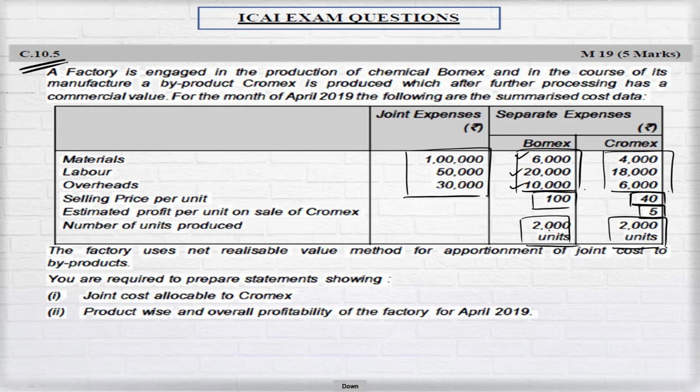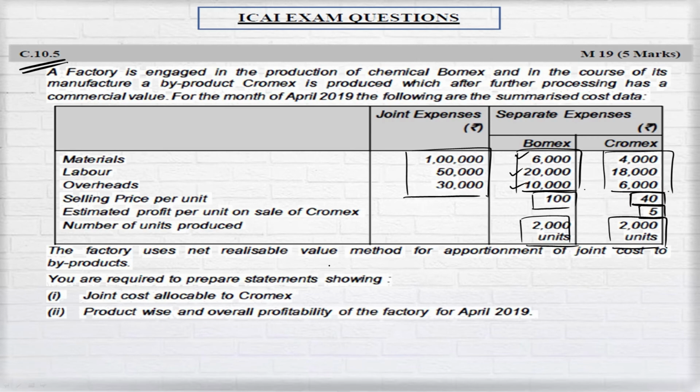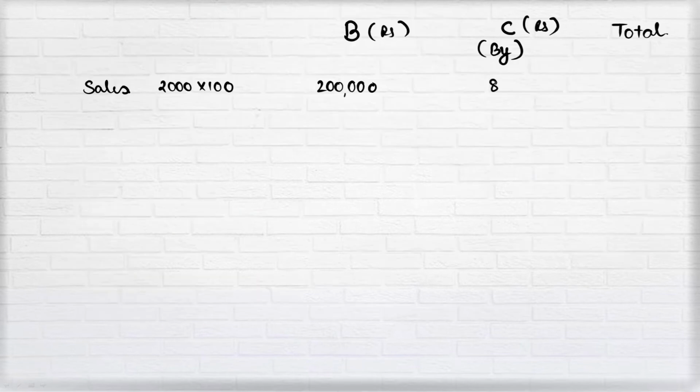Bomex sales will be 2,000 into 100, which is 2 lakhs. And C's sales will be 2,000 into 40, which is 80,000. Total will be 2,80,000.